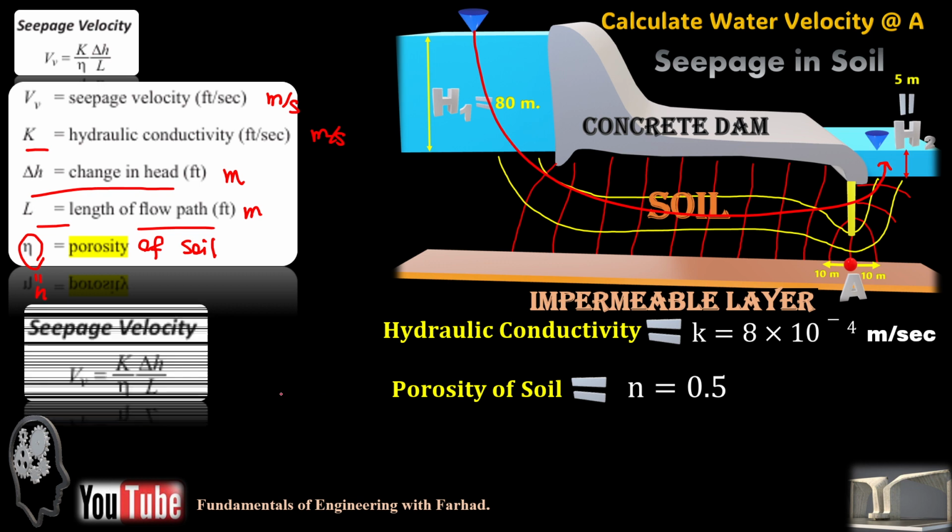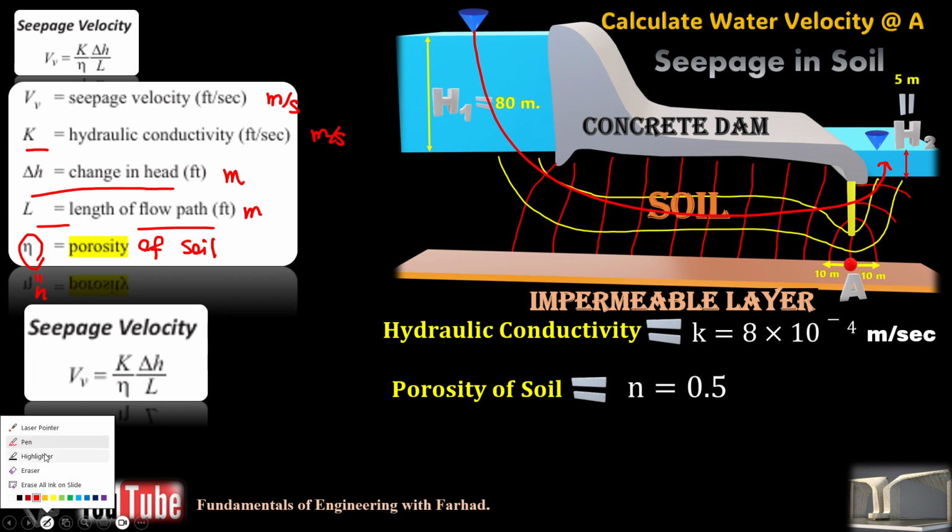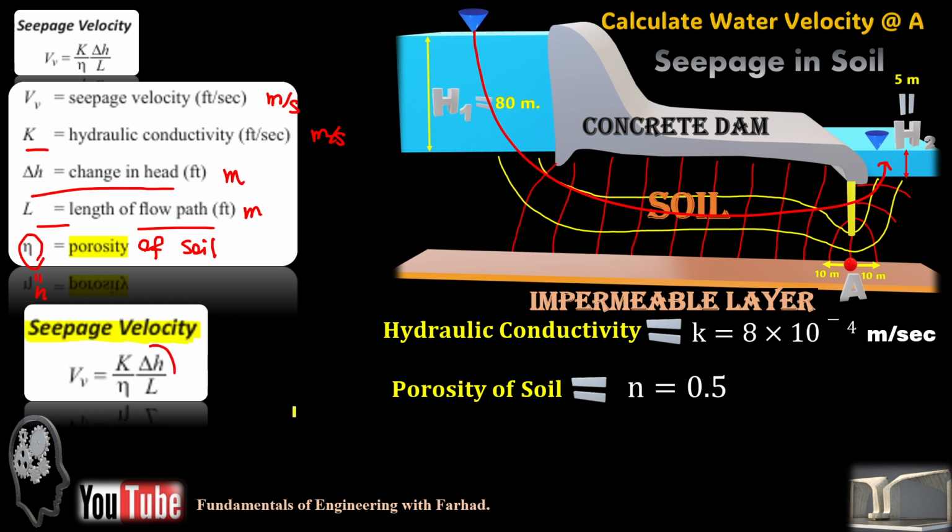So by knowing this, if we have a closer look at the seepage velocity, you can easily see it's almost the Darcy equation. As you know, delta H over L stands for i, the hydraulic gradient, and it says how much head the water loses when it travels from the upstream side to the downstream side.